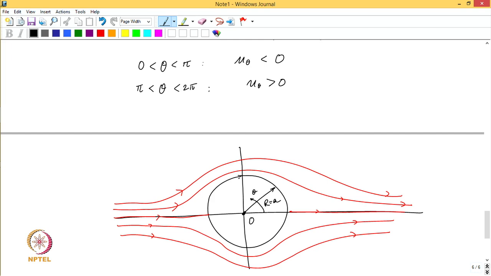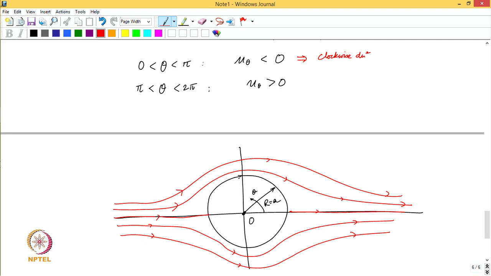Between 0 and pi, u_theta is negative, which means that the flow must be in the clockwise direction. That is what I have shown here. When I draw the velocity vectors going from left to right, they are actually in the clockwise direction. And when you go from pi to 2 pi, which means you are in the lower half of the cylinder, you get flow in the counterclockwise direction, with the positive sense of theta, and that is what we also see.